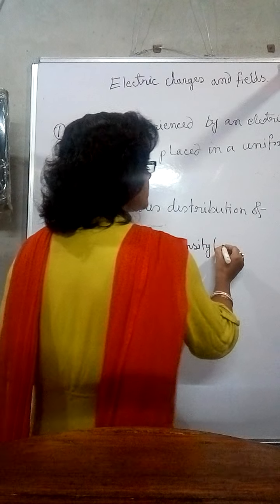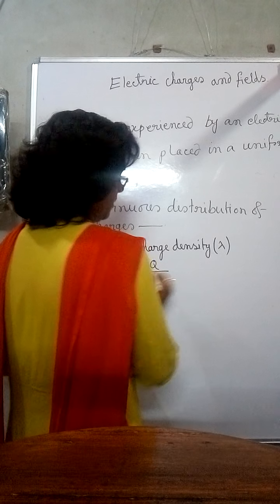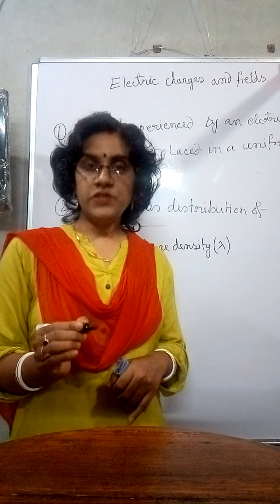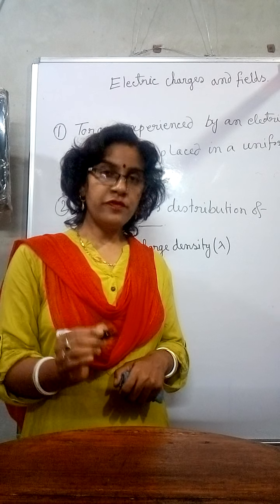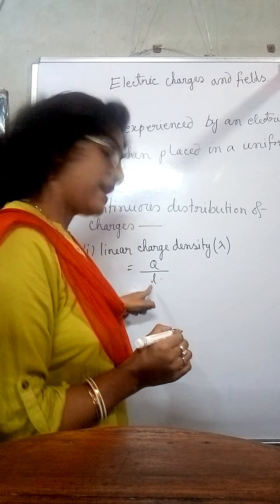Its symbol is lambda equal to Q by L, where Q is the charge that is uniformly distributed along the line of length L.